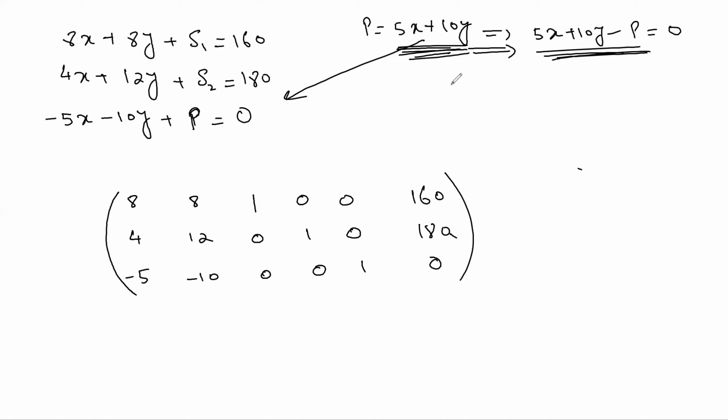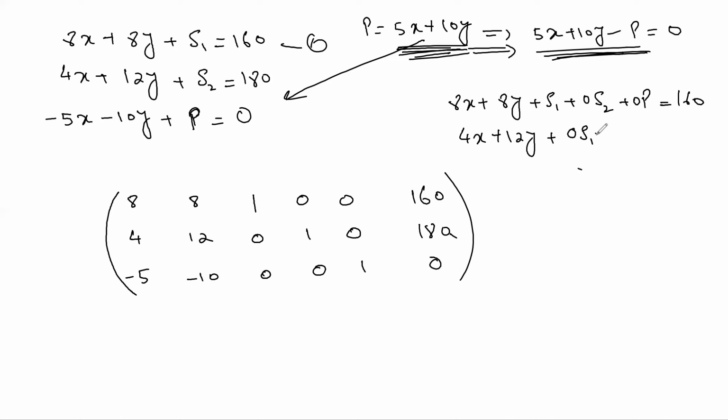I can write this first equation as 8x, 8y, s1, there is no s2, there is no p, 160. Now you can see it is the same. 4x, 12y plus 0s1, s2, 0p, and 180. Similarly, the third one is minus 5x, minus 10y, 0s1, 0s2, plus p equals 0.